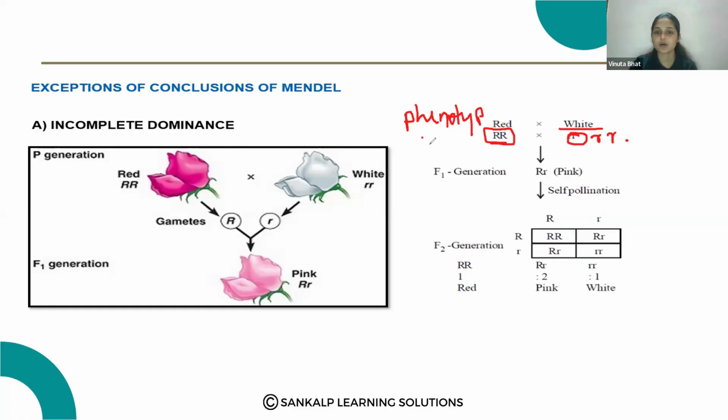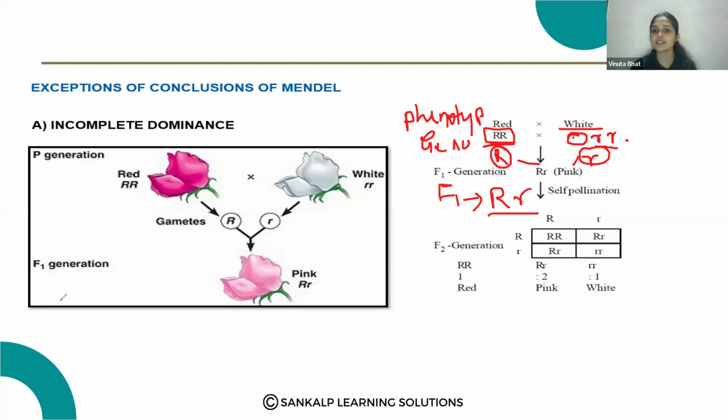The genotype of this plant is capital R for red and small r for white. So these plants produce capital R gametes and small r gametes. When these gametes are fused, F1 generation plants are formed, which contain capital R and small r.